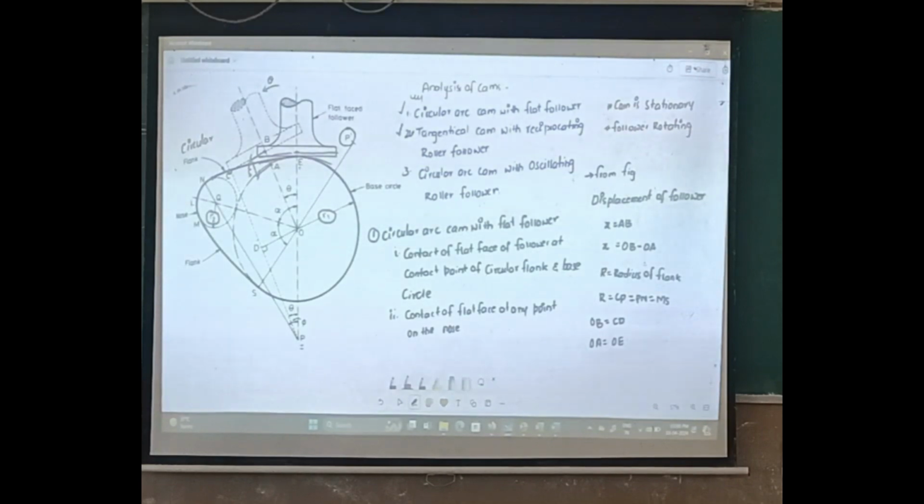This point E is also on the minimum radius circle. So we can say that OE is equal to OA because A and E are on the same circle and O is the center of the circle. Okay, so with this we can write that the displacement x is equal to, in place of OB it is CD, in place of OA it is OE.